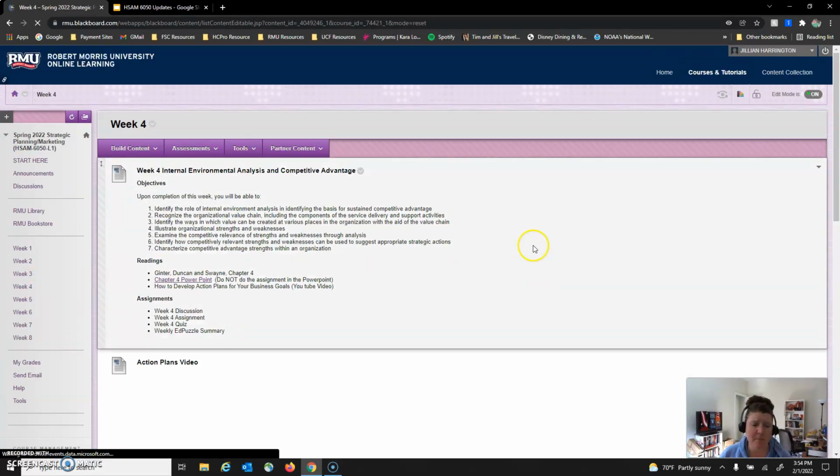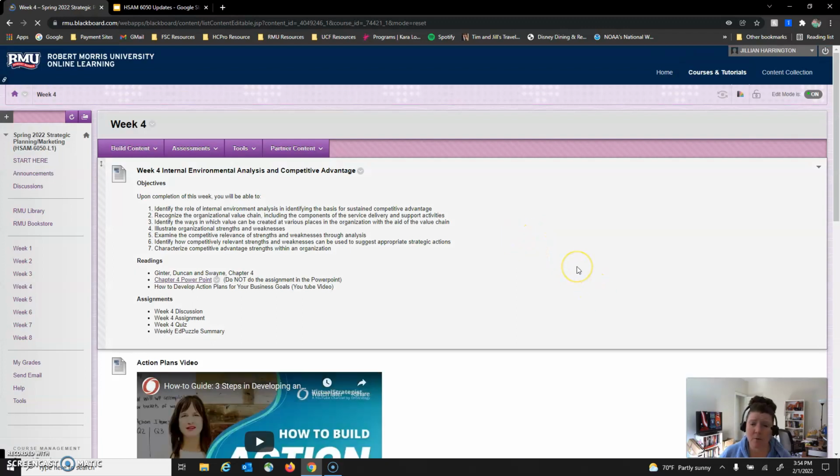So this week to come, we're taking the next step in the analysis process, and we're going to look at internal environmental analysis. So what's going on in the internal environment that impacts competitive advantage, that impacts your overall success, etc. Strengths and weaknesses.